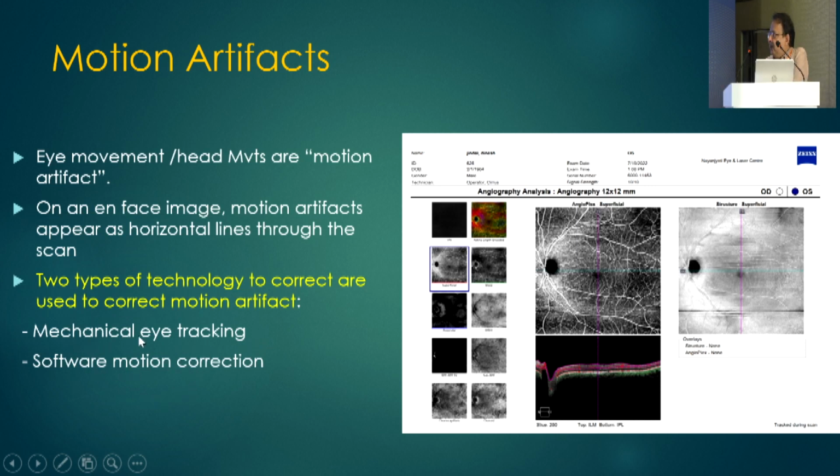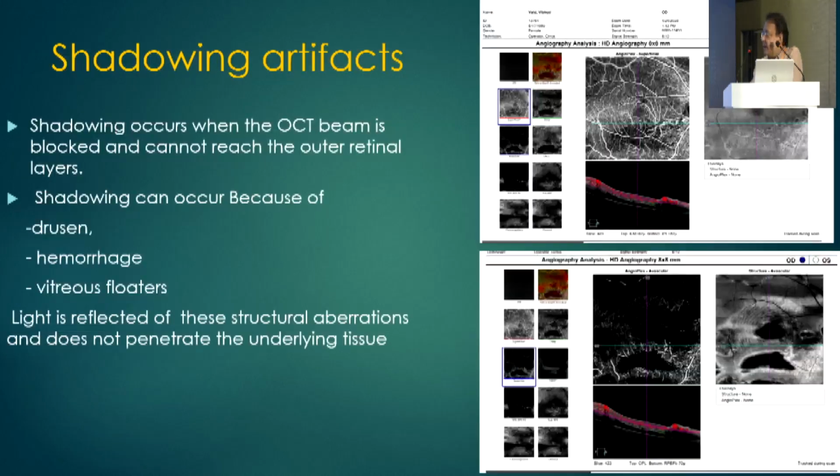Because of this tracking, most of the machines now have a tracking device, so motion artifacts are becoming lesser and lesser. The moment you do a smaller slab, the motion artifacts are less. Larger slabs require more time and more time for fixation. So if you go for a 12 by 12 slab like what you see here, the chances of getting motion artifacts are higher as compared to taking a smaller slab.